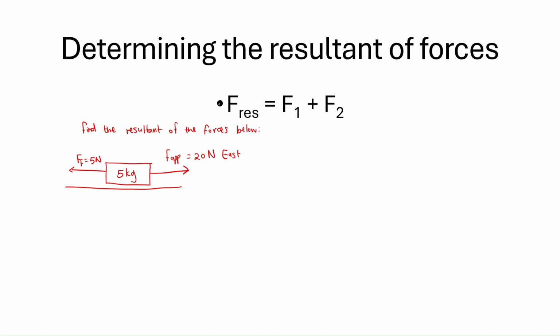Well, you can see that the formula is F resultant is equal to F1 plus F2. So we would quite simply say that the resultant force would equal F applied plus the force of friction. Now guys, within the exams, whenever you write down a formula, you get 1 mark if it is the correct formula for the problem.